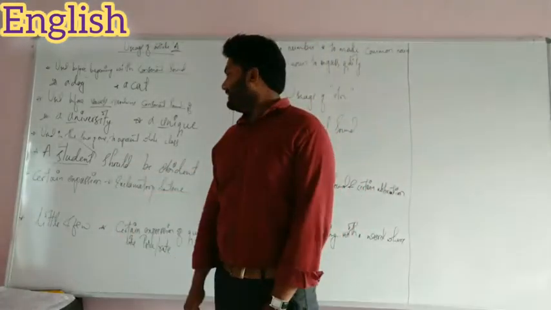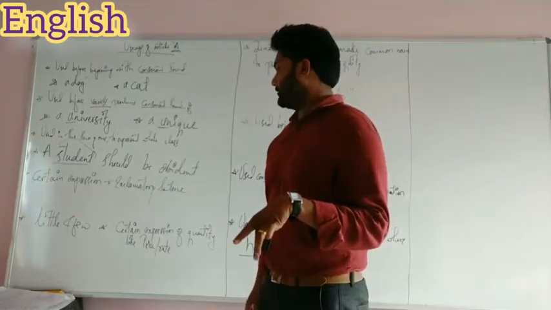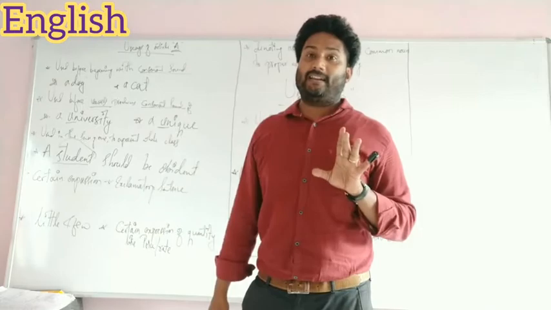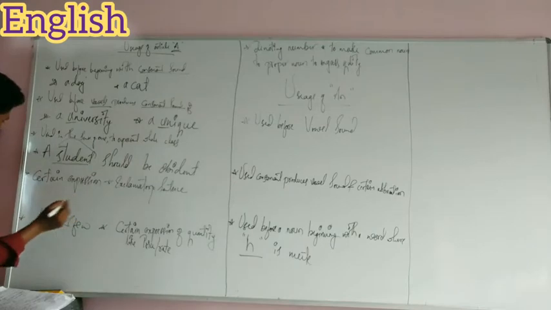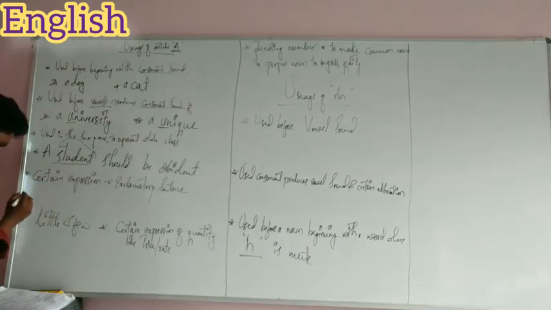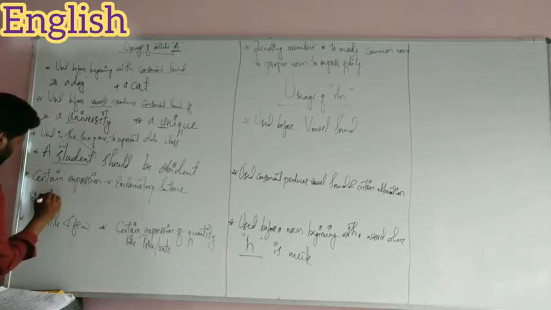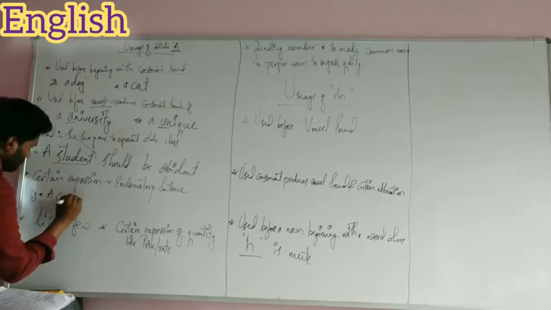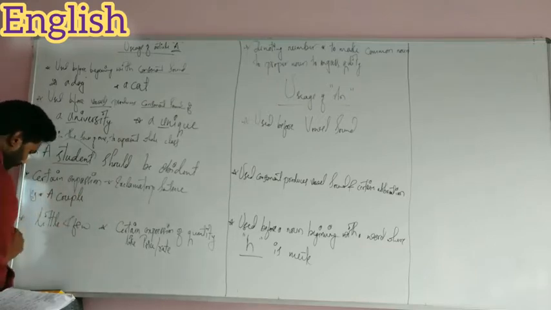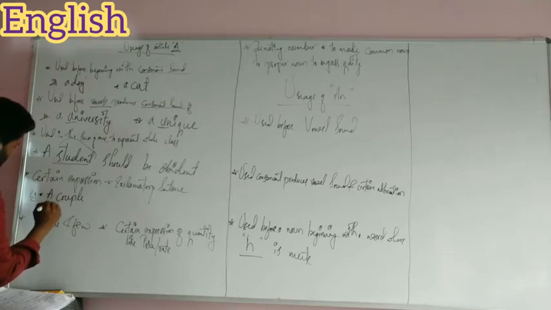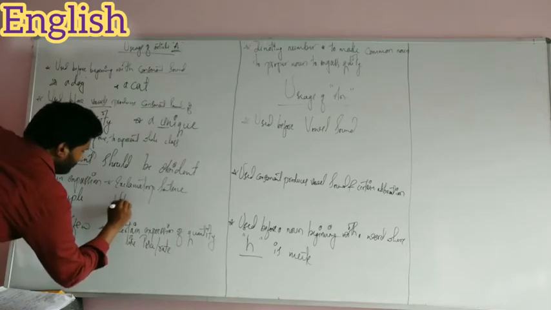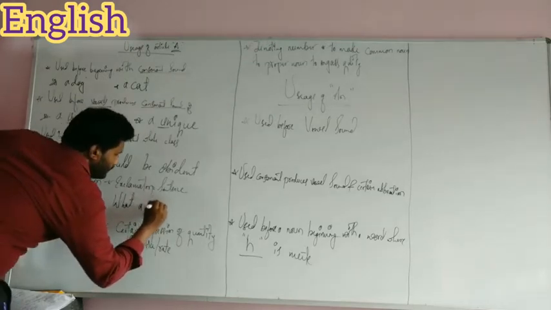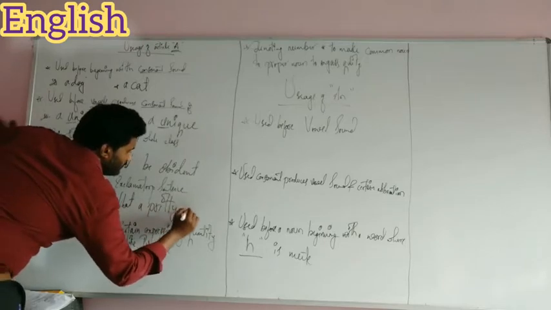Second one, A is used in certain expressions and in exclamatory sentences. See, in certain expressions like, for example, a couple, and half a dozen, and in the next one, an exclamatory sentence, what a pretty girl.